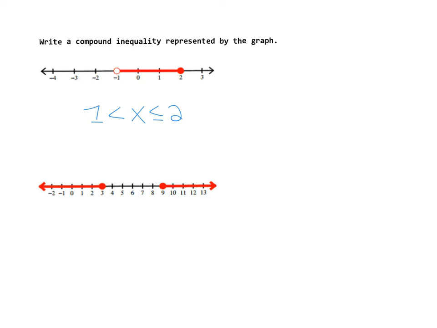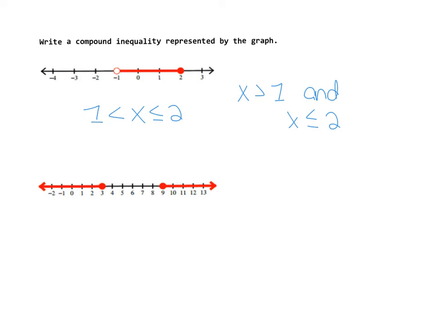Both the inequalities are there. This is x is greater than negative 1 and x is less than or equal to 2. You could even write it as x is greater than negative 1 and x is less than or equal to 2. That would not be wrong. The way to write it with the number in the middle is just a little more concise.